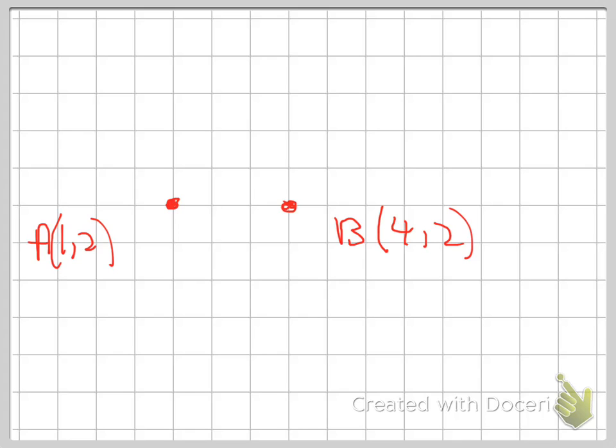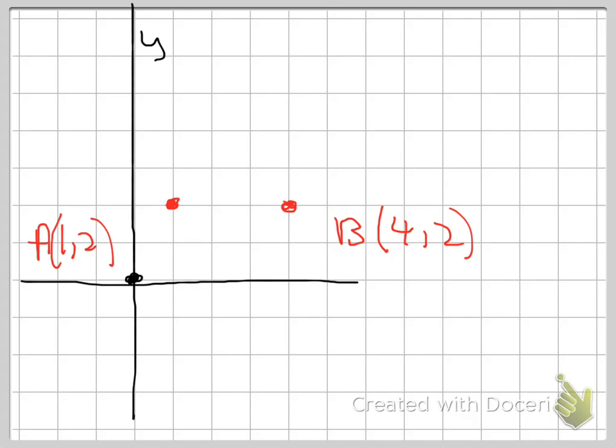Some of you are going, oh, there are no coordinates there. There are no axes. Okay, so if this is at 1, 2, that means over 1, up 2, so here's my y-axis. Here's my x-axis. Now that should make you feel a little more comfortable that A is the point 1, 2.